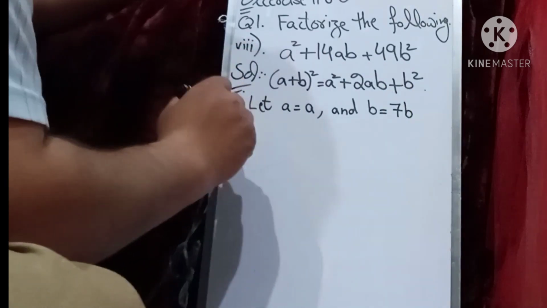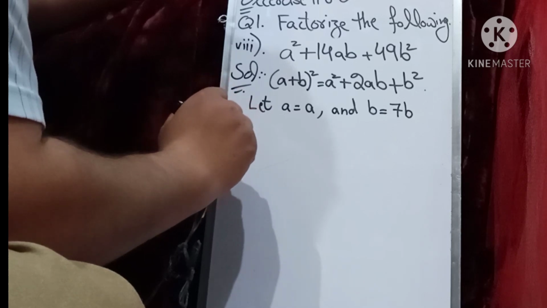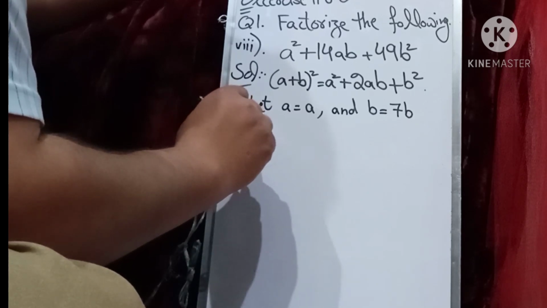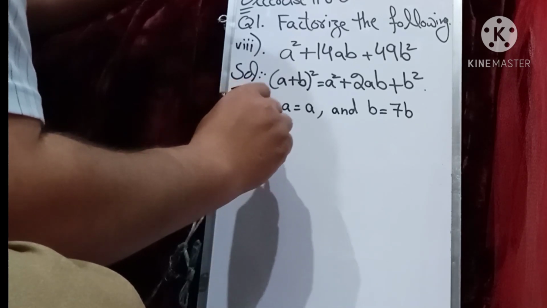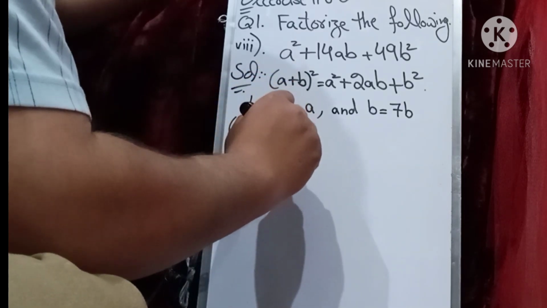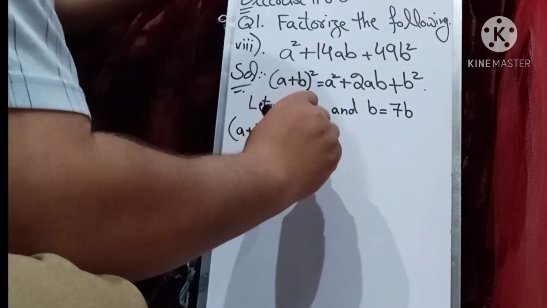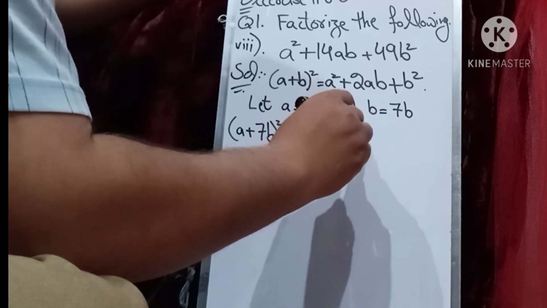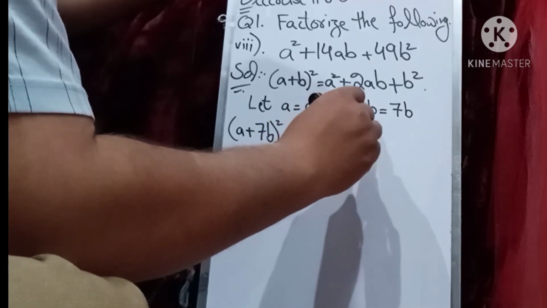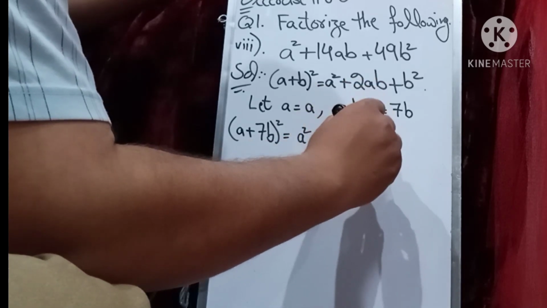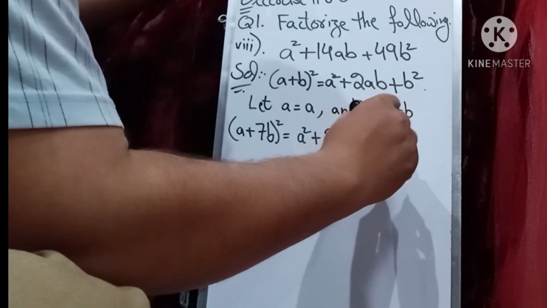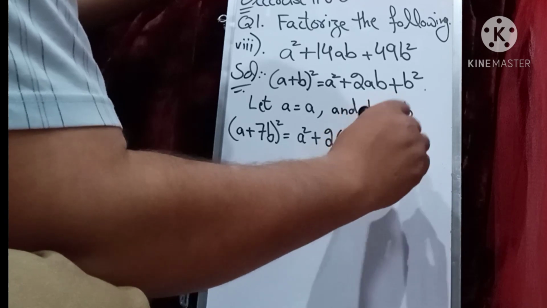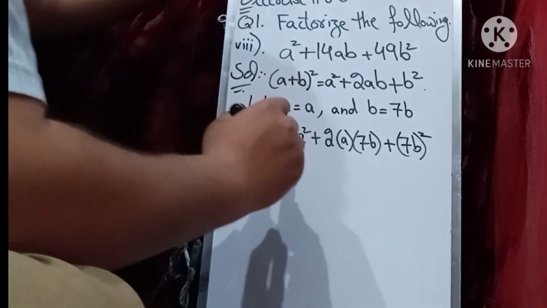Then by putting these values into the (a plus b) whole square formula, we get (a plus 7b) whole square is equal to a square plus 2 into a into 7b plus (7b) whole square.